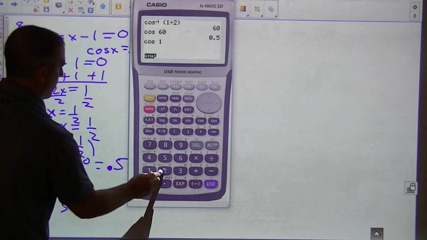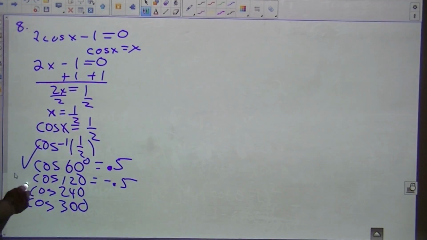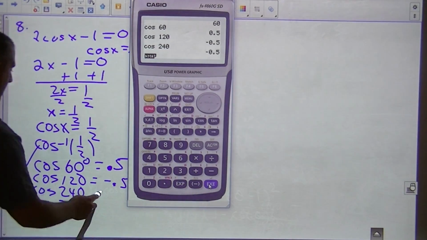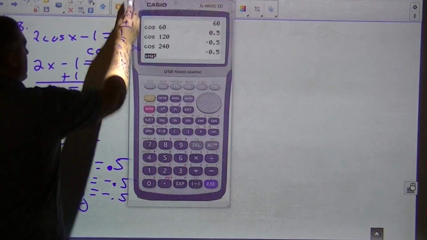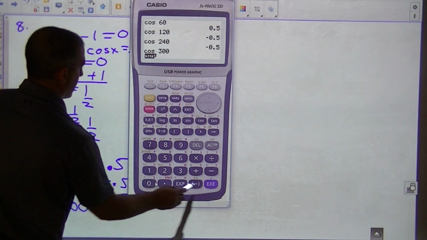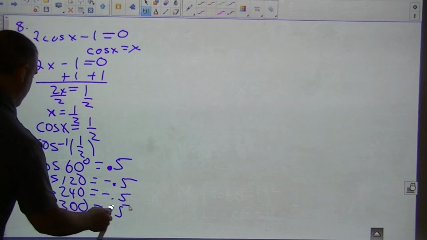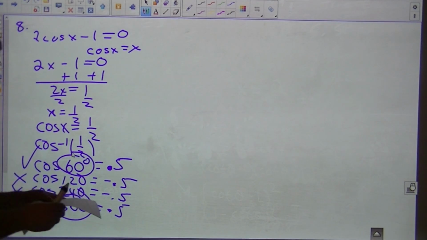Well, cosine of 120 is negative 0.5, so that one's no good. Cosine of 240 is negative 0.5, which is no good. But then cosine of 300 is 0.5. So that's the other one. That one we know works, so this other one works as well. So the two answers are 60 and 300.